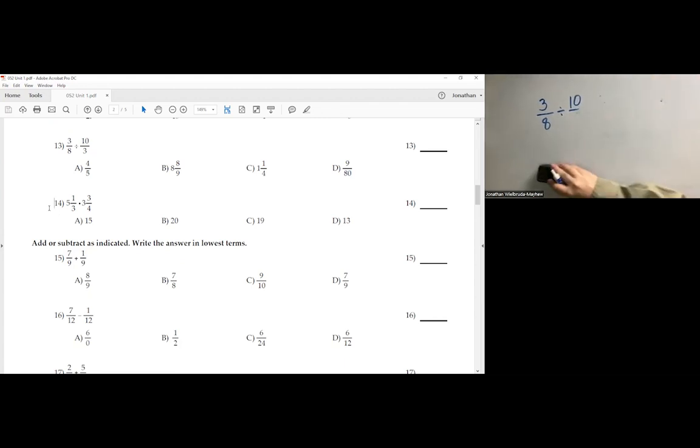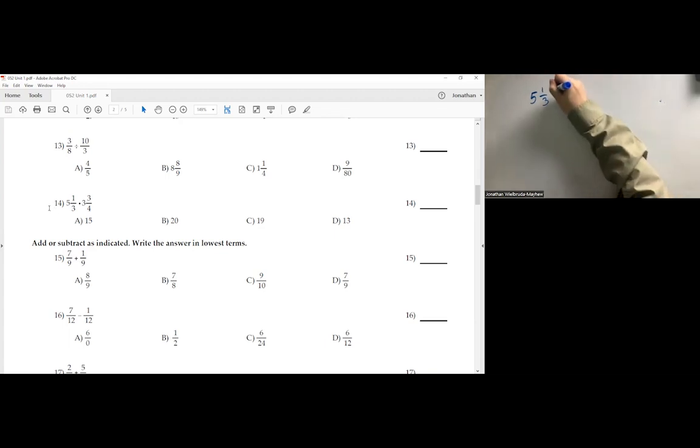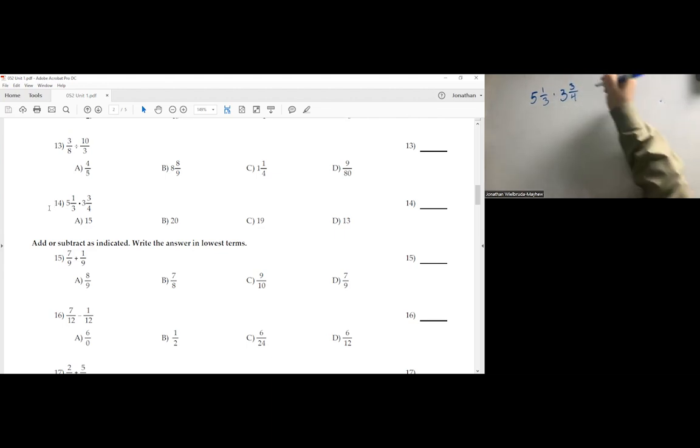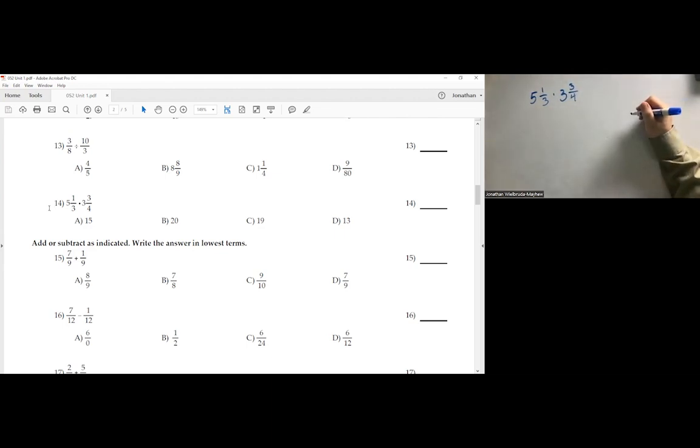Number 14, we have mixed number multiplication. 5 1/3 times 3 3/4. Now we can't just multiply the numbers and multiply the fractions.